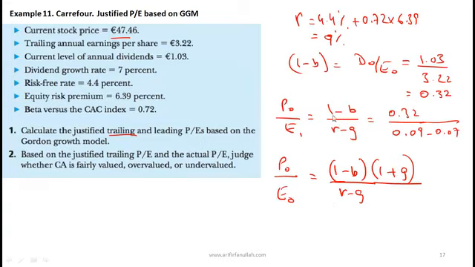Okay, so the 1 minus B: B is the retention ratio, so 1 minus B is the payout ratio. So the 0.32 we calculated as the retention ratio. So 1 minus B is the payout ratio, which is D naught over E naught.